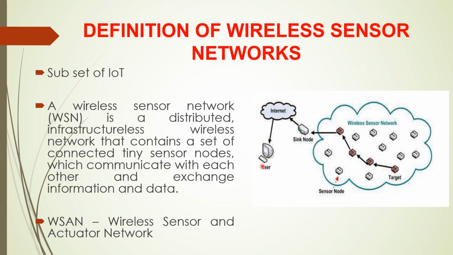To retrieve the required information from the network, we are going to inject queries, and gather the result from the sink node. So whenever a user needs this collected information, they give injected queries to the sink node, and then we are able to get the collected result from the sink node.